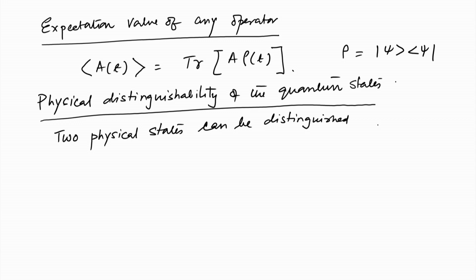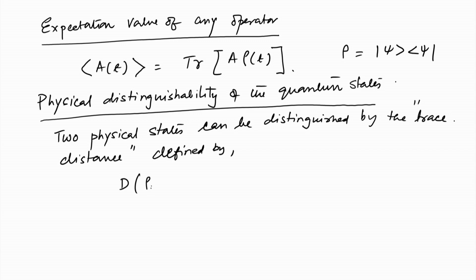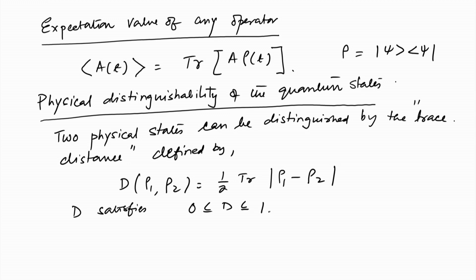Two physical states are distinguished by the trace distance defined by rho 1 and rho 2, which is half the trace of rho 1 minus rho 2, and this distance satisfies 0 less than d less than 1.